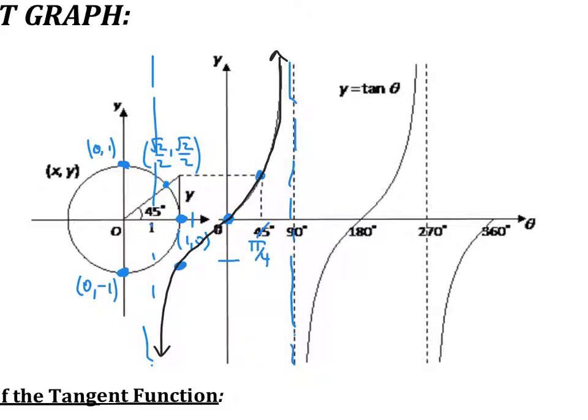All right, so that is going to be what we're going to refer to as our parent function, and the values that you are going to need to know are going to be your negative pi over 2, your negative pi over 4 gives you a y value of negative 1, your 0, your pi over 4 gives you a y value of positive 1, and then your other asymptote is going to occur at pi over 2.